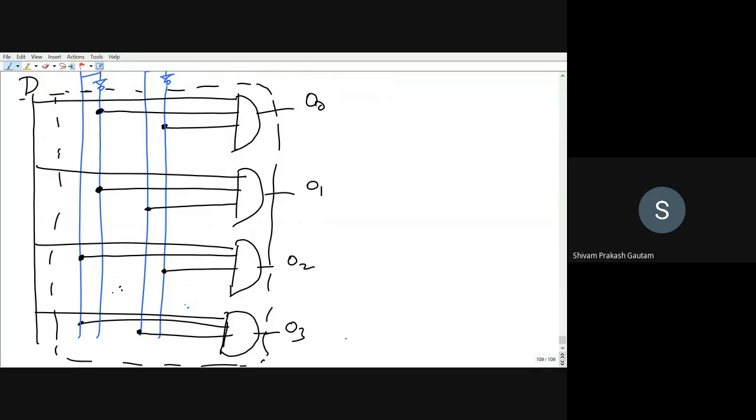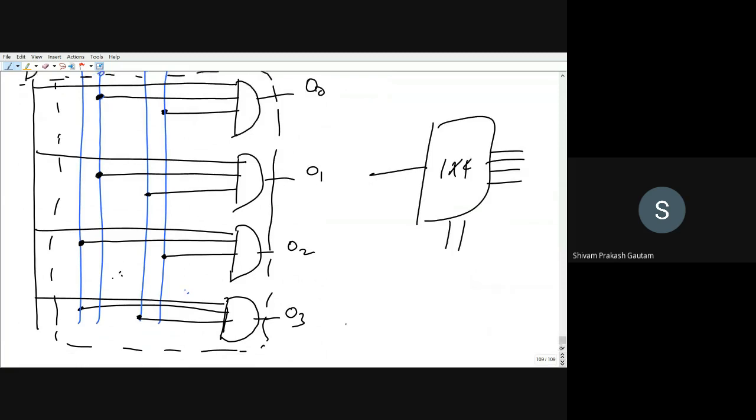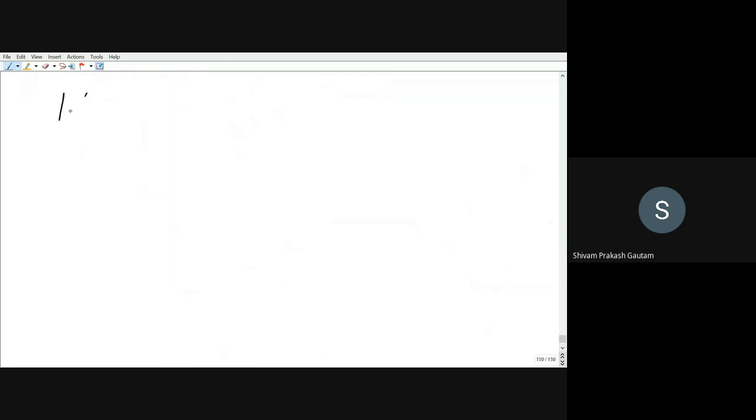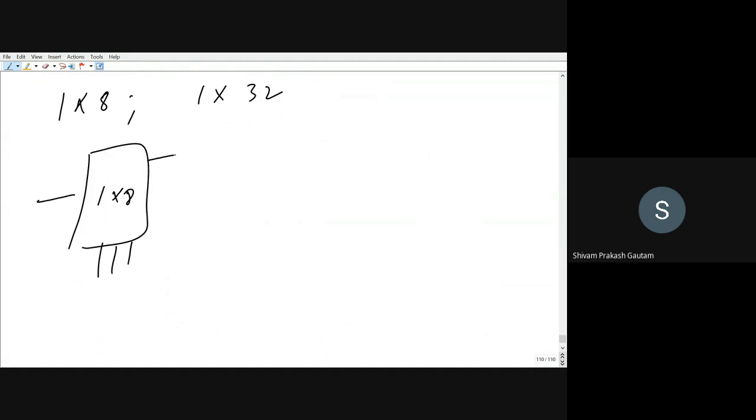So usually we represent it directly as a 1 cross 4 block. We are having 2 select lines, 1 input, and 4 outputs. Similarly, you will be having 1 cross 8 demux and 1 cross 32 demux. For 1 cross 8 demux, 3 select lines will be there, 1 input will be there, and 8 outputs will be there.